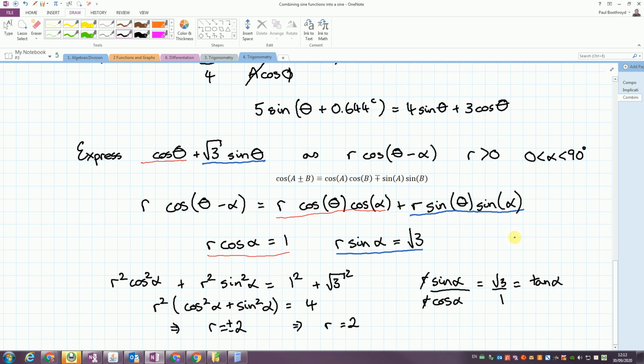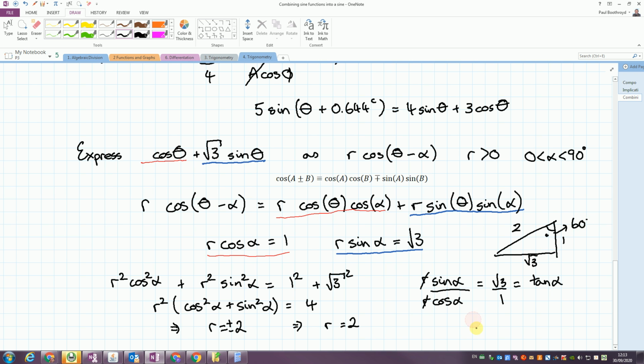Root 3 and 1, that reminds me of one of my triangles. So I'll quickly sketch my triangle: 1, 2, and square root of 3. The root 3 is opposite, so we're in the angle at the top there, the larger of the two. We're using radians, so how big is that angle in radians? Oh, sorry, in degrees. We're in the 60-degree angle.